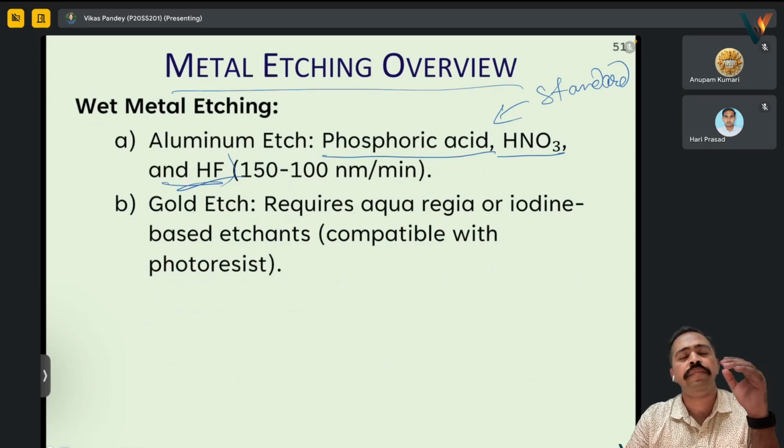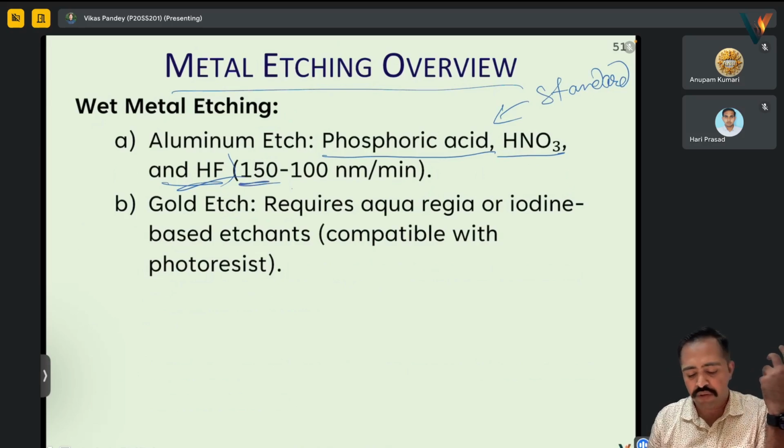If you buy an aluminum etchant, you will find this standard phosphoric acid, HNO3, and HF combination. This gives an etch rate of 150 to 100 nanometer per minute.